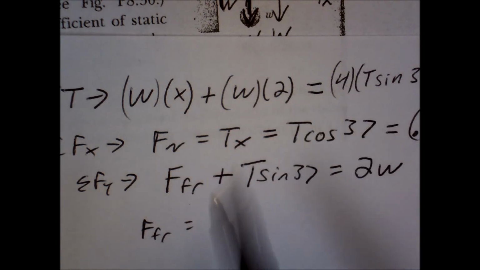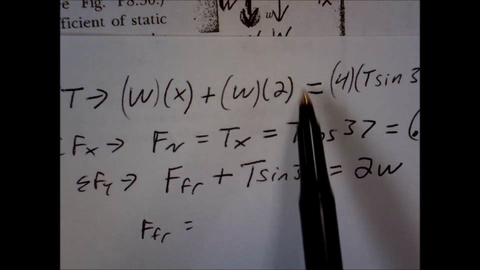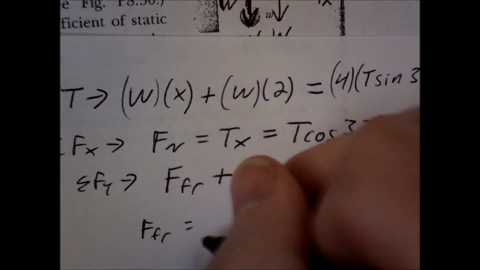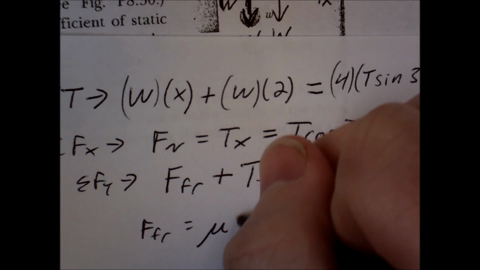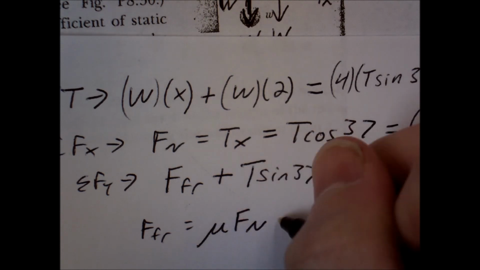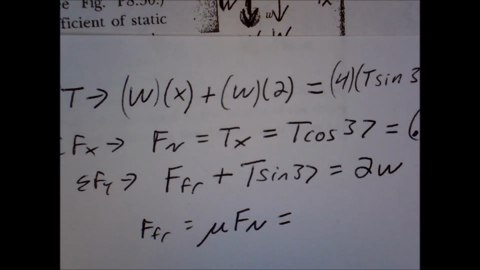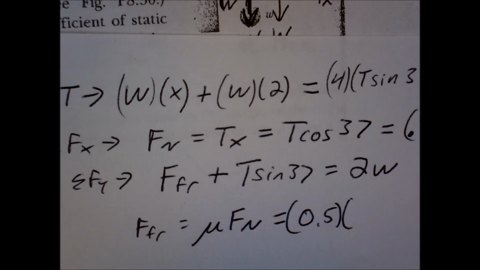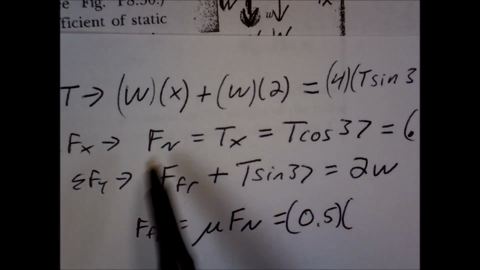By the way, this is the physics of the problem, setting up these 3 equations. At this point, it's just going to be a messy algebra problem. So let's start doing some algebra. Mu is 0.5, correct? And Fn we found earlier.